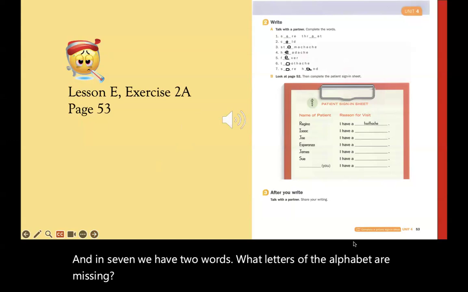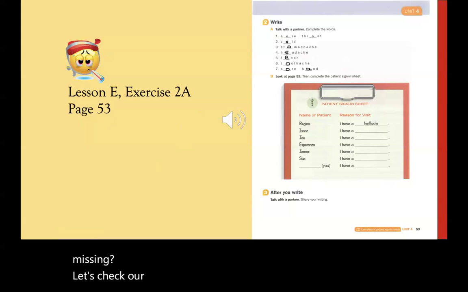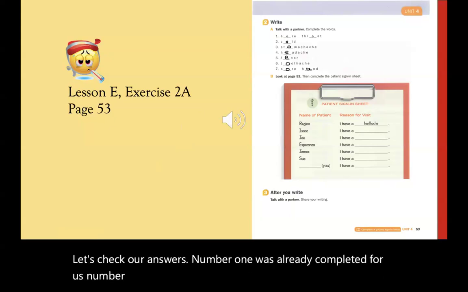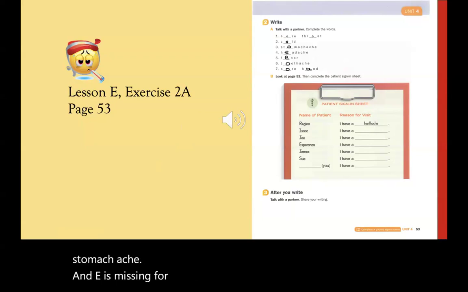Let's check our answers. Number 1 was already completed for us. Number 2, the O was missing for cold, and O is missing for 3, stomach ache, and E is missing for 4, headache.